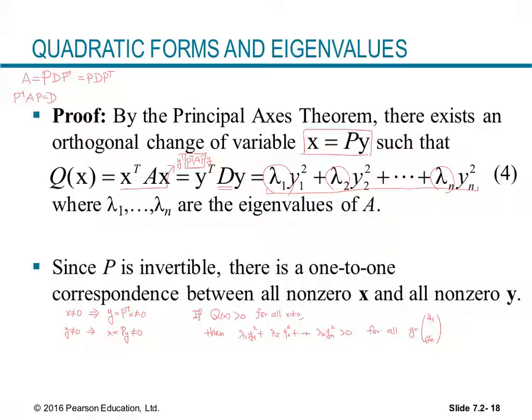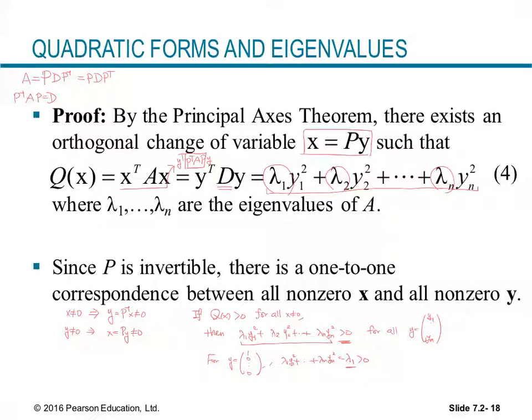Now, if I consider y given by 1 0 0 0, then this expression, lambda 1 y1 squared up to lambda n yn squared, will be just lambda 1. So this positiveness implies that the first eigenvalue lambda 1 will be positive.